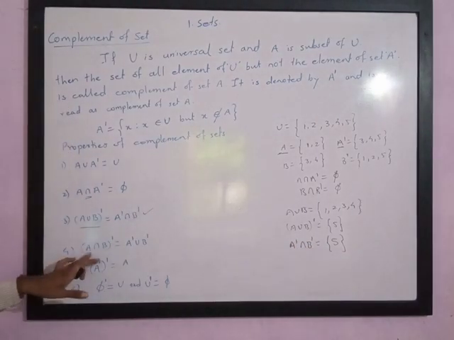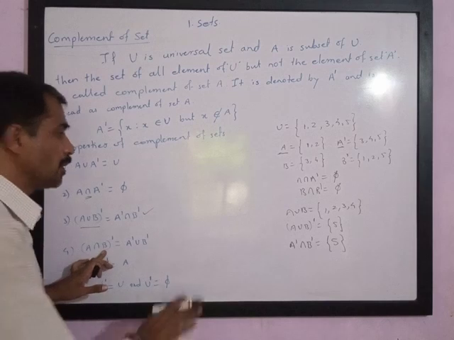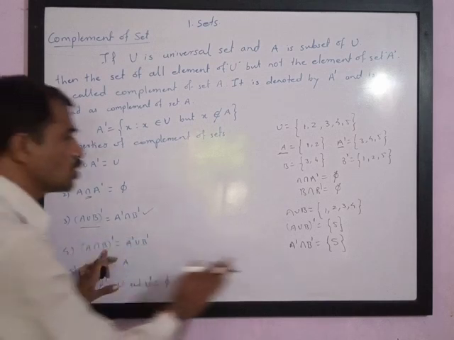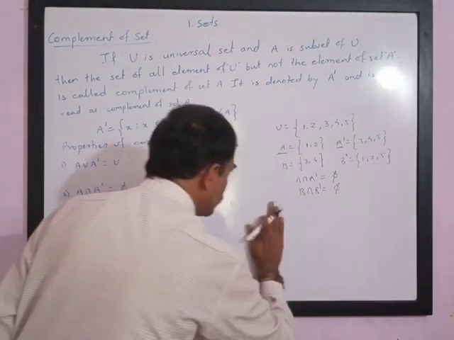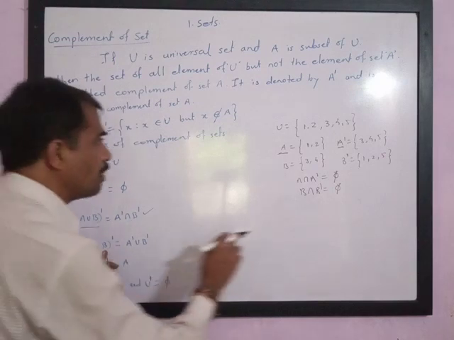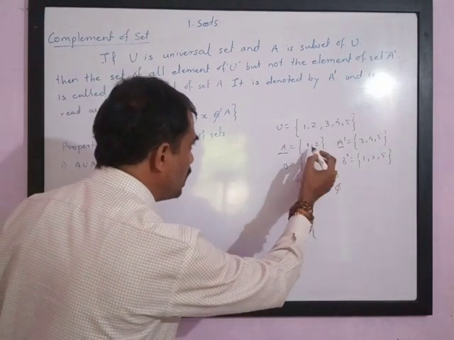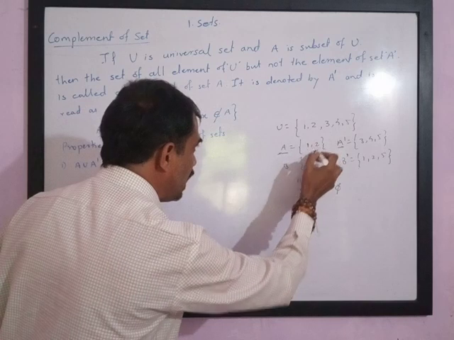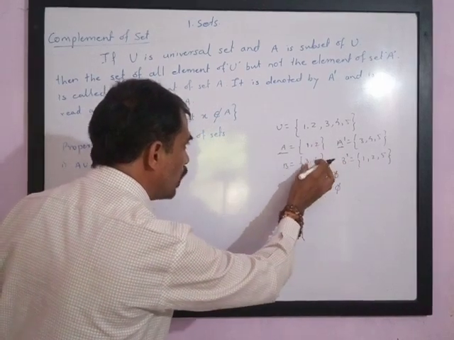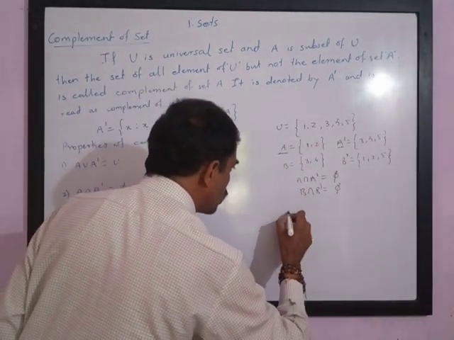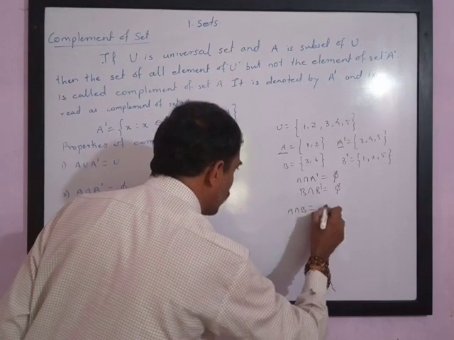The second law is A intersection B's complement. Let us check. A intersection B means common to both. That is common to A and B, which is no element. So A intersection B is equal to phi.